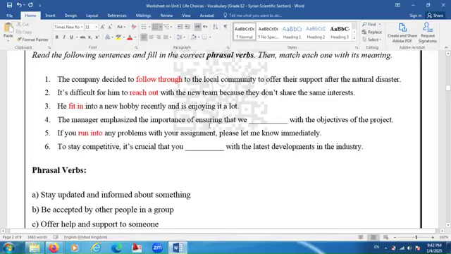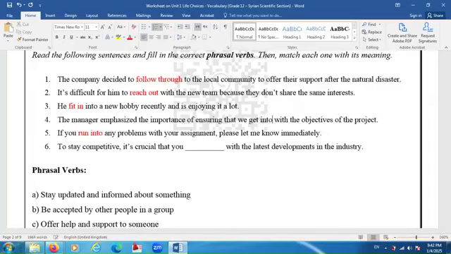I skipped one. Number 4, the manager emphasized the importance of ensuring that we with the objectives of the project. To go with, to move on, to get into. Okay, to get into.